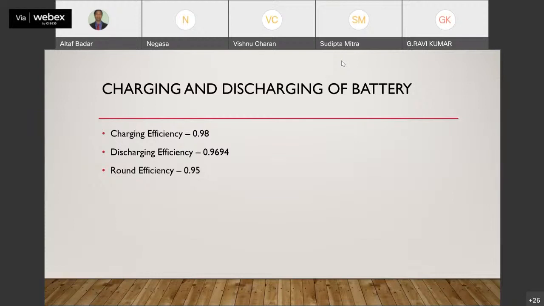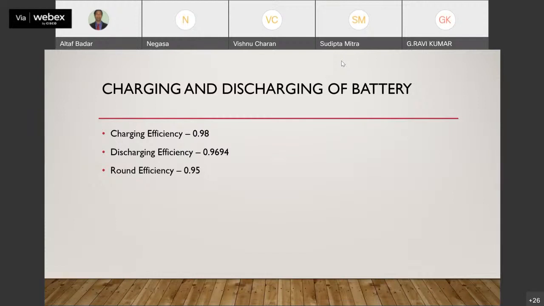If you multiply both of them, you will find that the round efficiency comes out to be 0.95. So this is on the higher side only. You can go for a practical battery, but the practical battery in the initial time may give you better results, but as it starts to go down with age, the round efficiency will also go down.